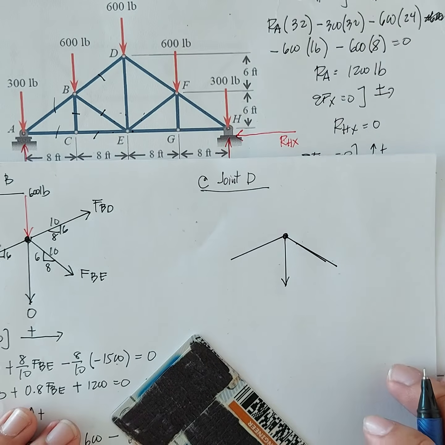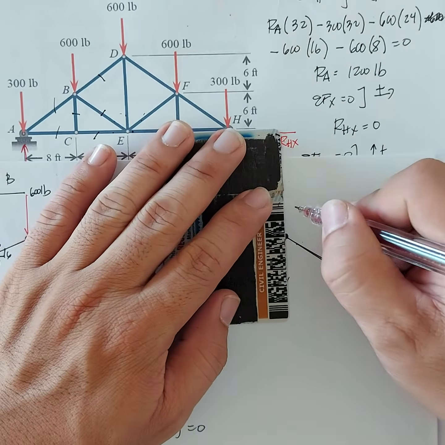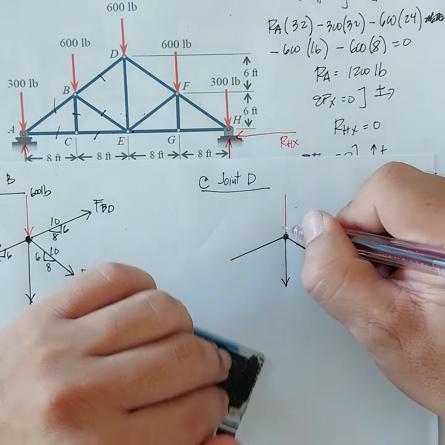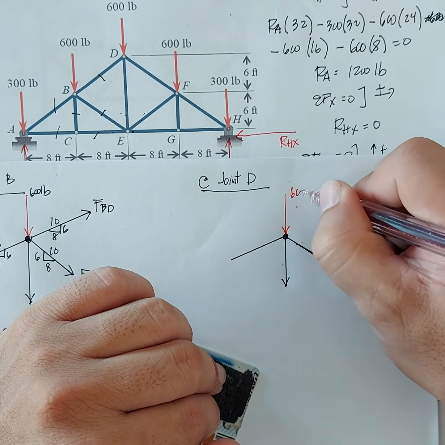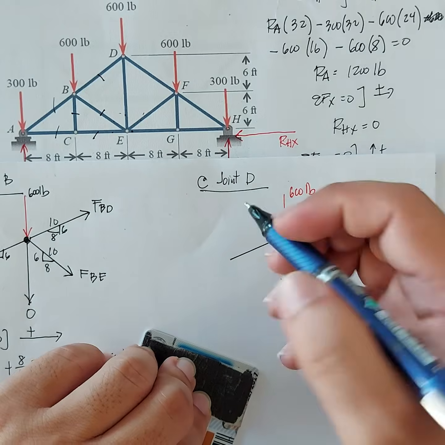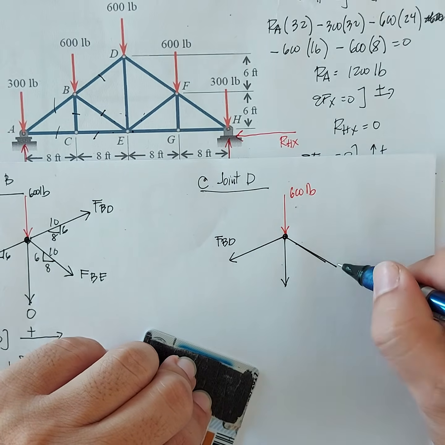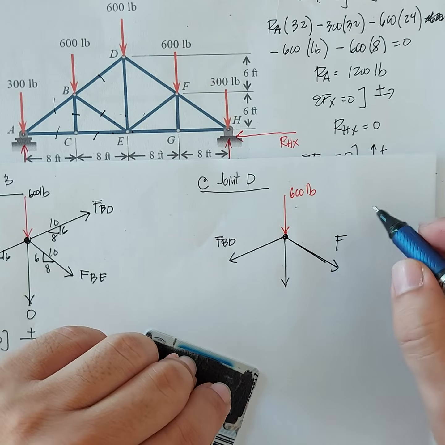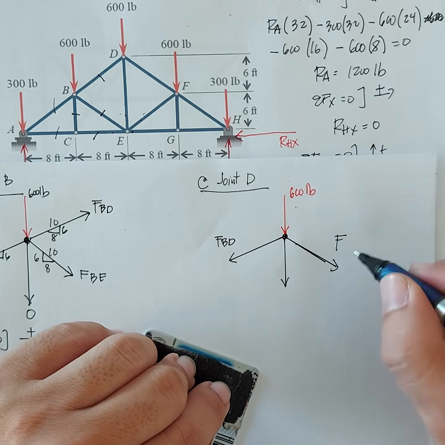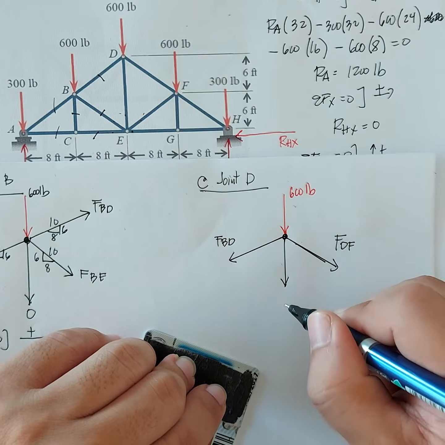Yeah. Meron pang external force, 600 dito. Yeah. So this is FBD. And this is FDF, and this is FDE.